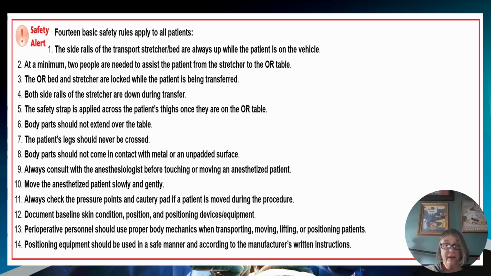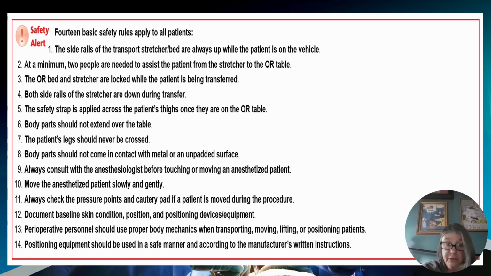All right, this is a safety alert talking about 14 basic safety rules that apply to all patients. Side rails on your transport bed need to be up, two people to assist on stretcher to the OR table.